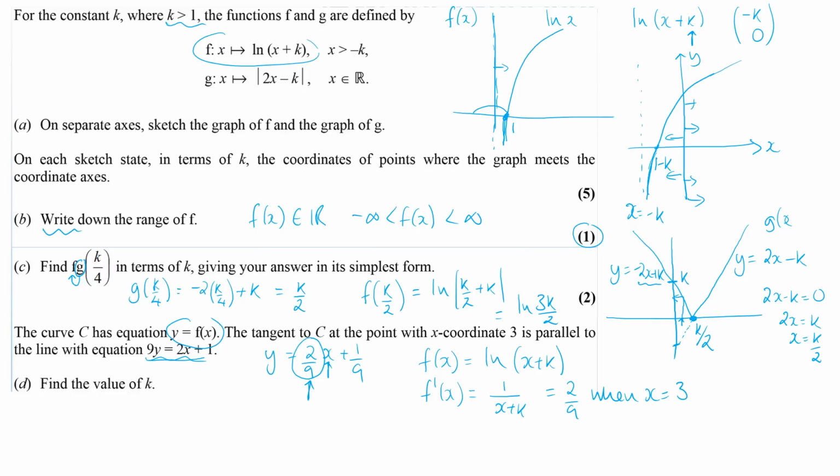So that's what it's telling us there. So all we do is go 1 over 3 plus k is equal to 2/9, cross multiply. 9 is equal to 6 plus 2k, so 3 is equal to 2k, k is equal to 3 over 2.